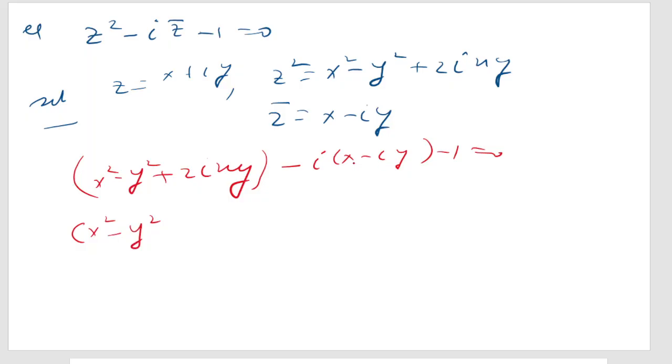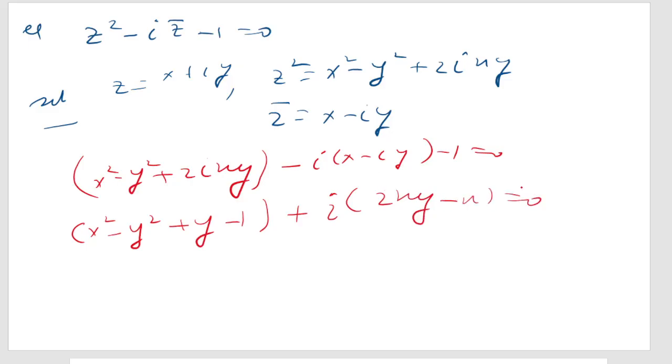So what do we get? Minus i square y, plus y, and minus 1. The real part plus the imaginary part is i times 2xy, and this is minus ix. So minus x is equal to 0.